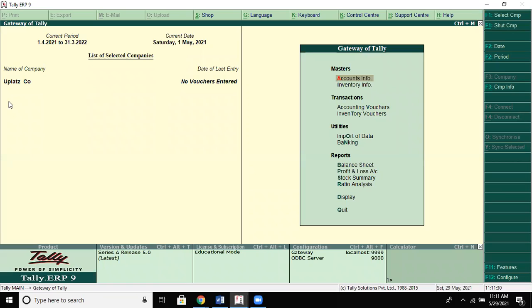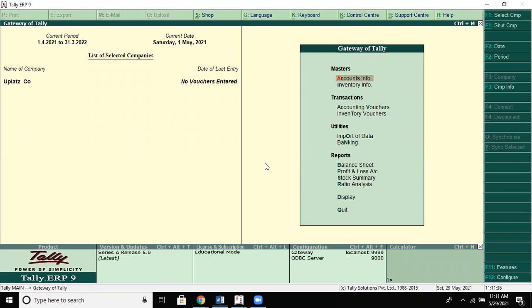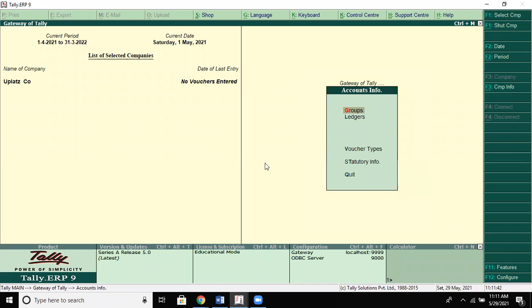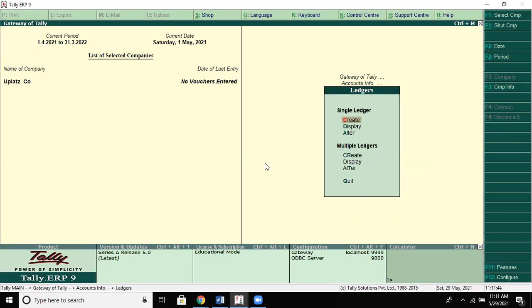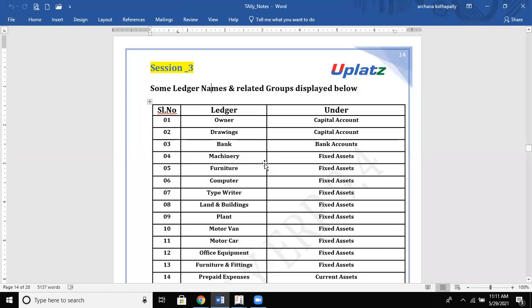So this is our company. Just select our company. Now, we know how to create a ledger, right? So we will create a single ledger. Accounts Info, Ledgers, Create, Single Ledger, Create. The first ledger we are going to talk about is the capital account, which is nothing but the owner.